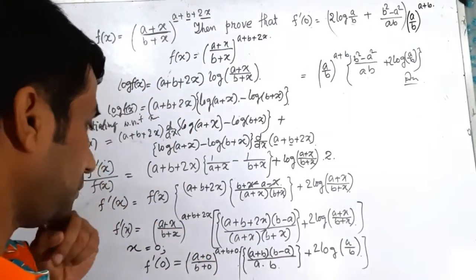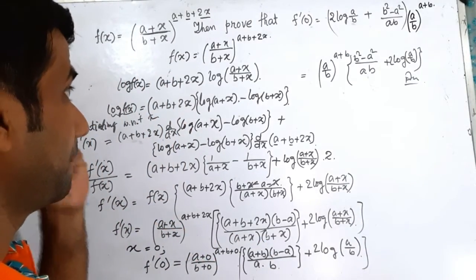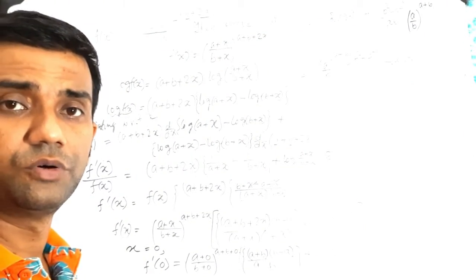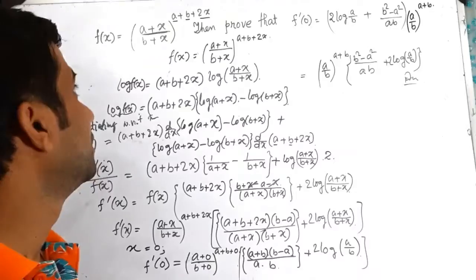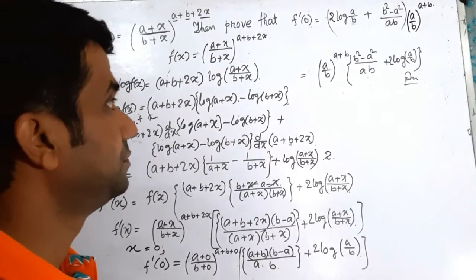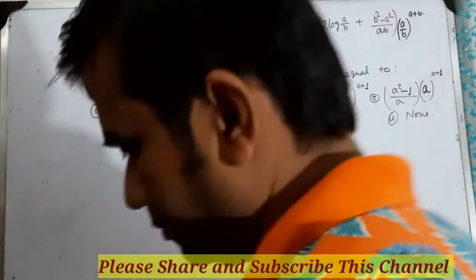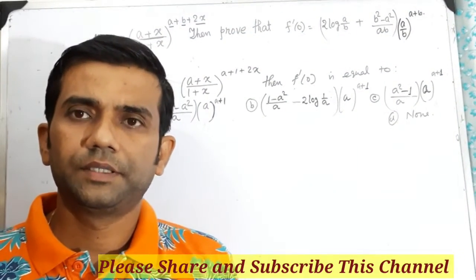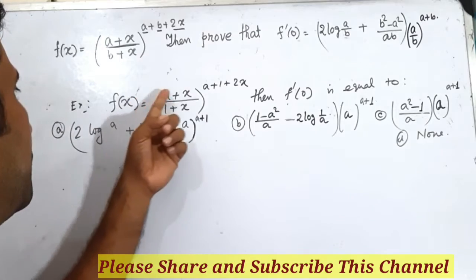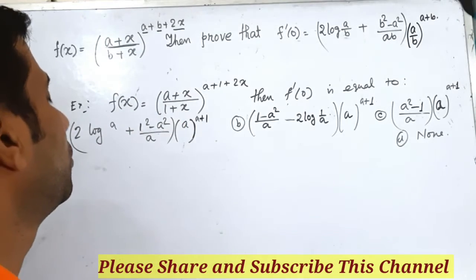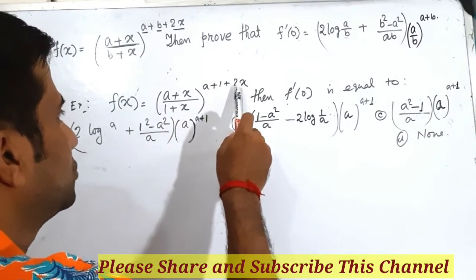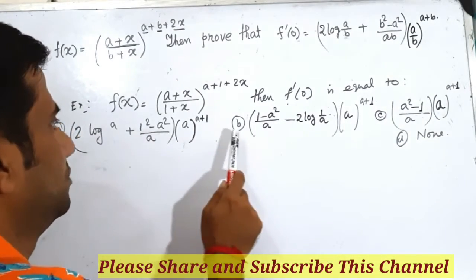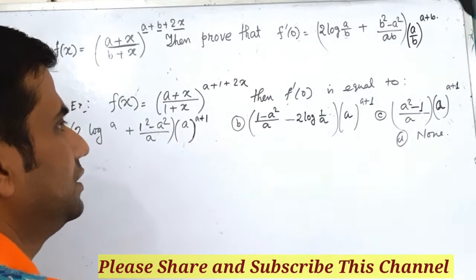Next I will show you its application. Now let us see some examples. f(x) = ((a + x)/(1 + x))^(a + 1 + 2x). Then f'(0) is equal to A, B, C, and D is none.